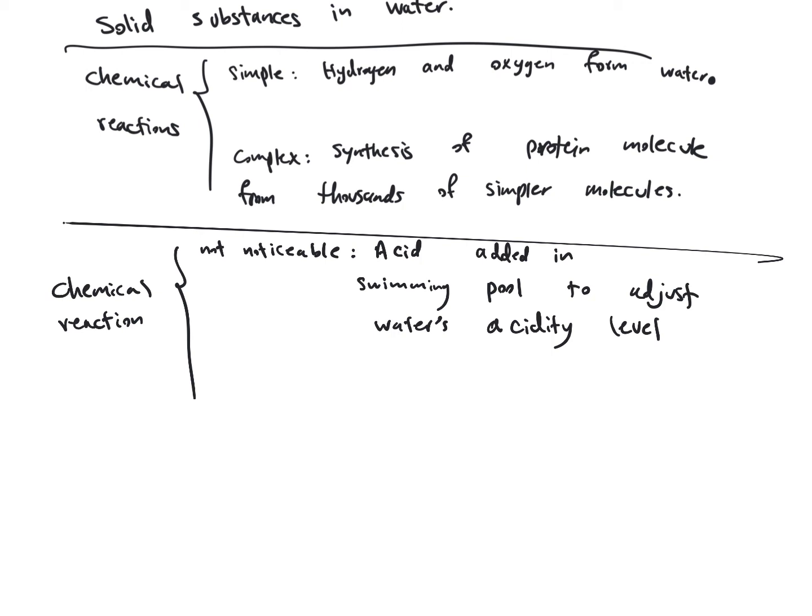You don't see anything noticeable that a chemical reaction is occurring. But if you do that, based on the results and the chemical formulas, you know that it's happening. Or it can be noticeable, like a combustion reaction.